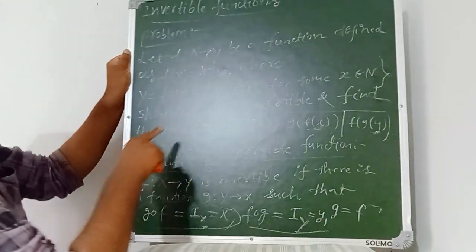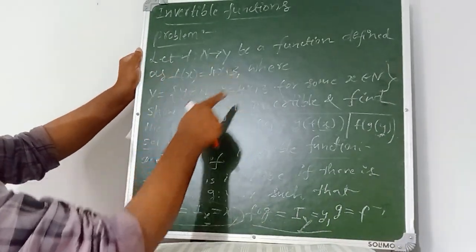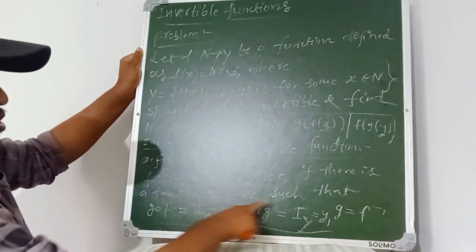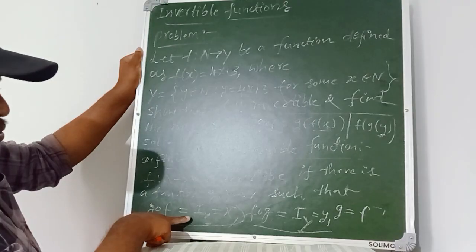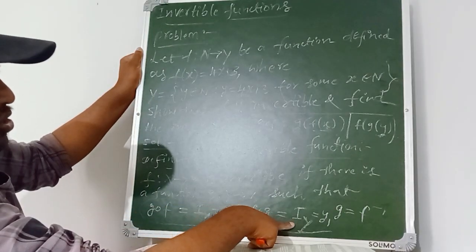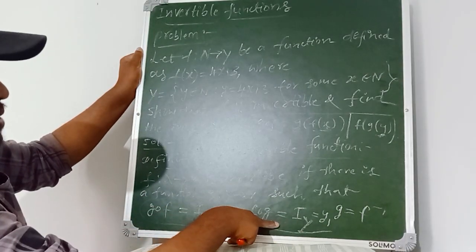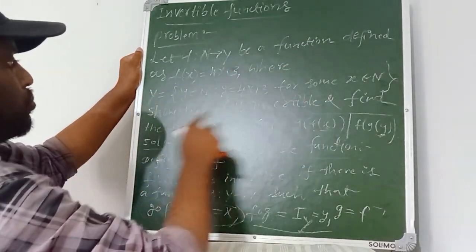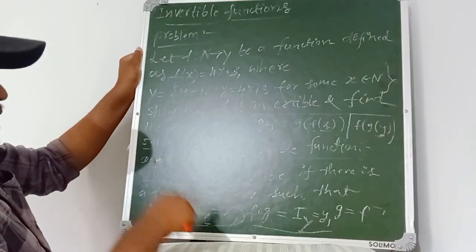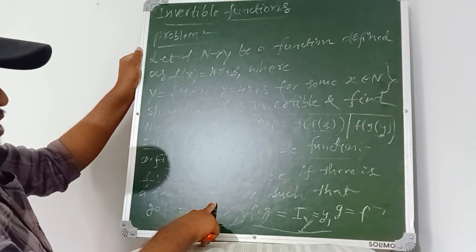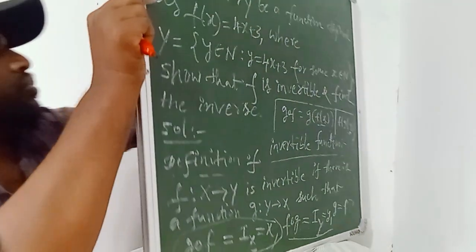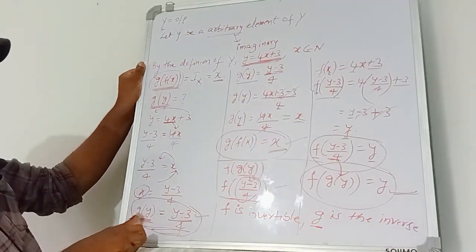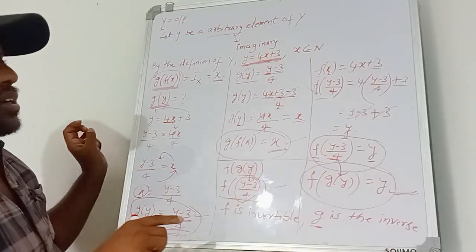Okay, now come to this problem. In the problem they said, show that f is invertible. Using this definition, we proved this condition and this condition. So according to this definition, f is invertible, we proved. Then, find the inverse. In the definition, g is the inverse, so we got that.